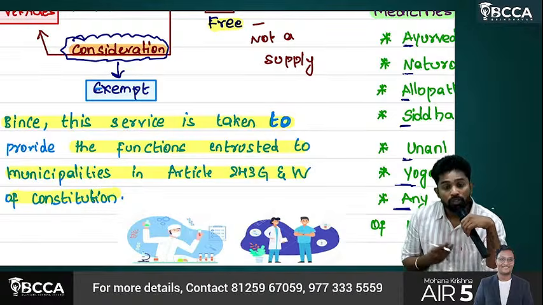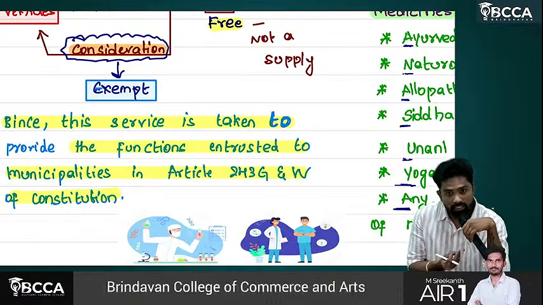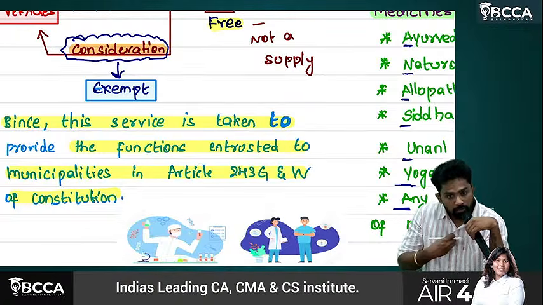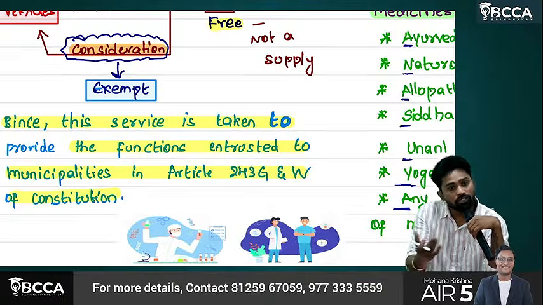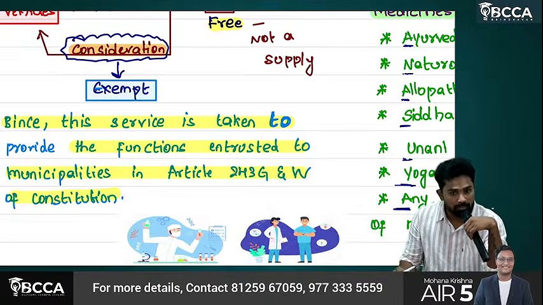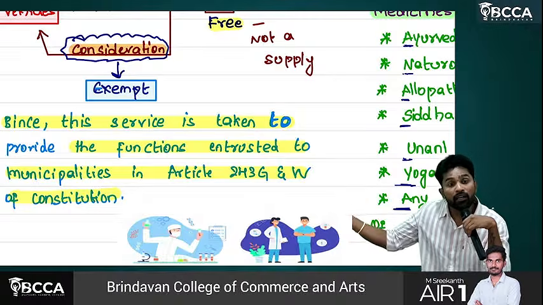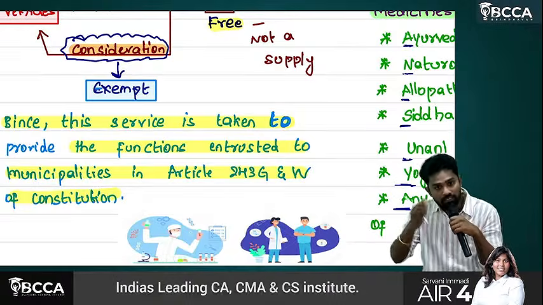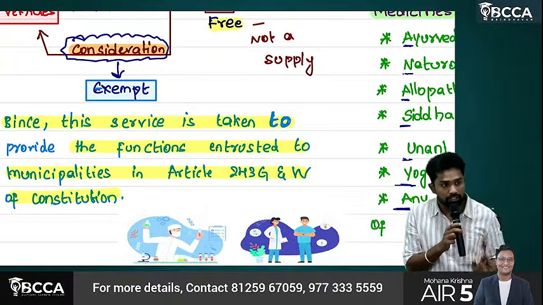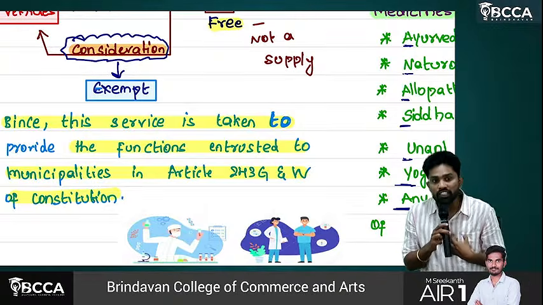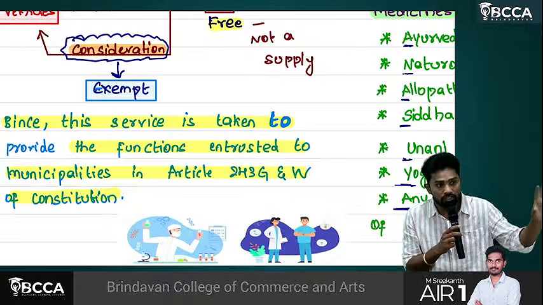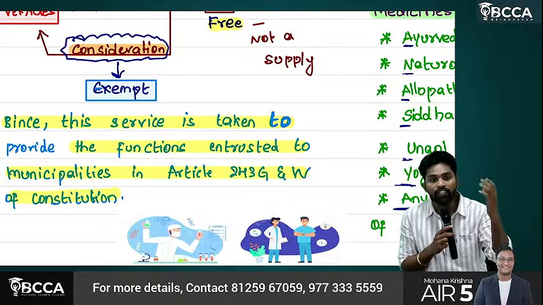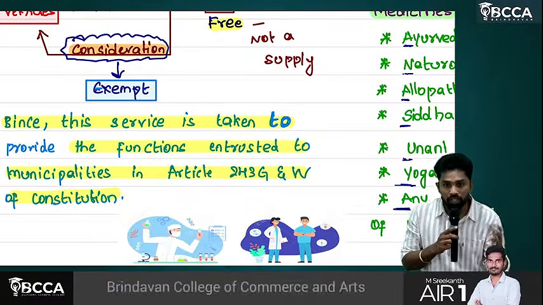To discharge their functions, if they take any input service, like here, taking care of the health of the public is one of the functions of government. To take care of that, they are taking the ambulance service of private vehicles. Since the service is taken to discharge their functions, all those services are exempted. In the same way, laying a road is also a function of local authorities and government.